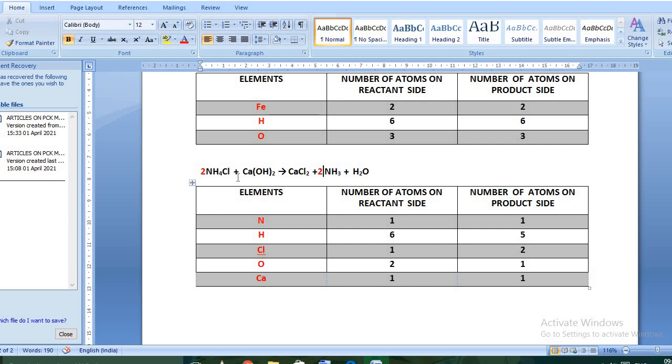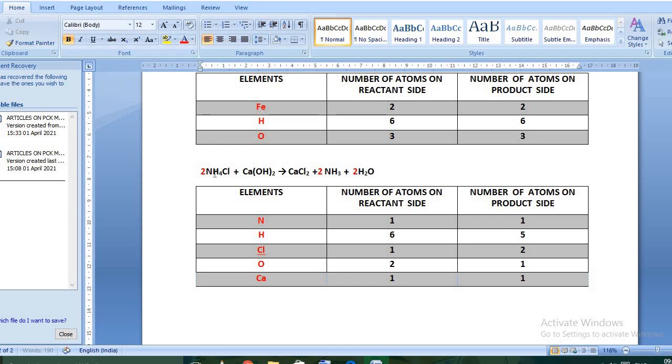Now 4 into 2 is 8 hydrogen here plus 2 is 10. Here only 2 hydrogen, 3 into 2 is 6 hydrogen plus 2 is 8 hydrogen. So to make it 10, we will add 2 here.